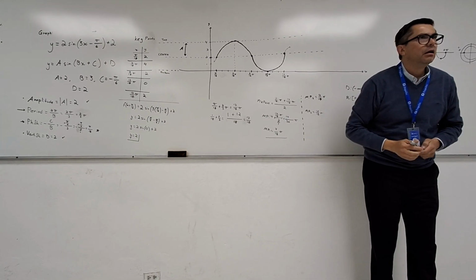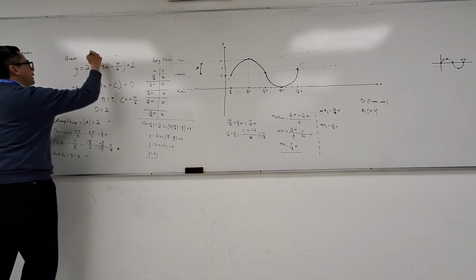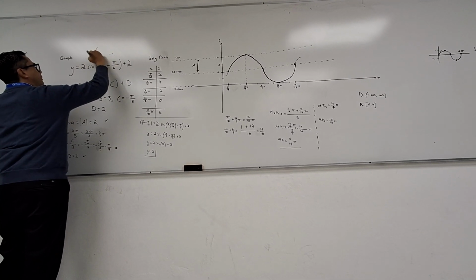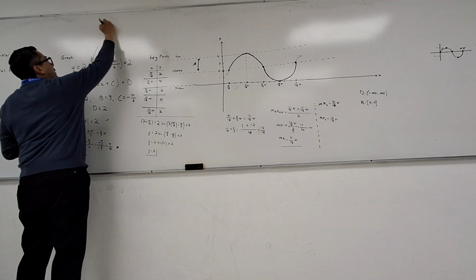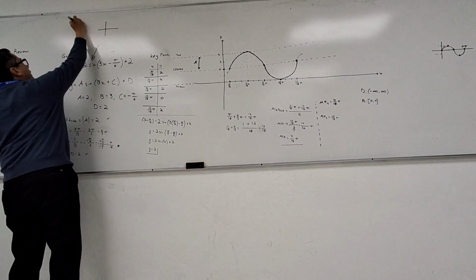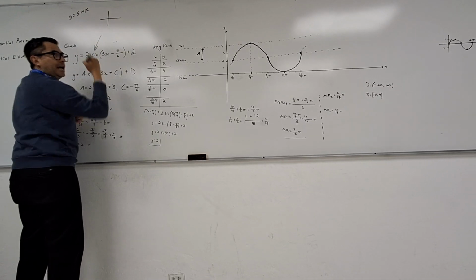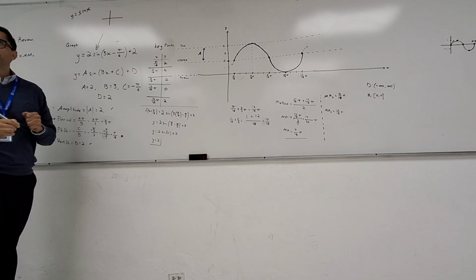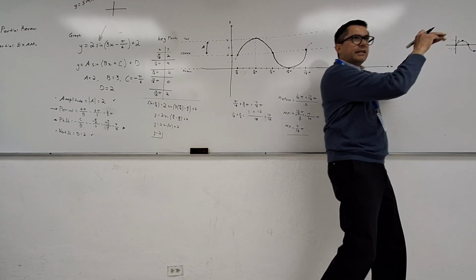How do you know the behavior of the graph? Sure. Thank you so much for that question. By looking at the sine function right here, you can always go back to the very original sine function. If you have only sine of x, y equals sine of x, sine of 0 is always 0, because in the unit circle, the sine of 0 is 0.